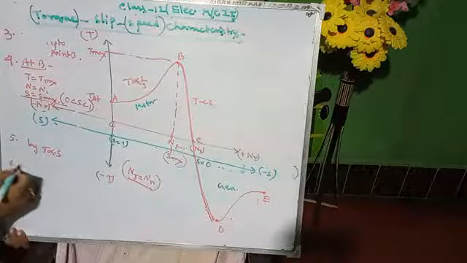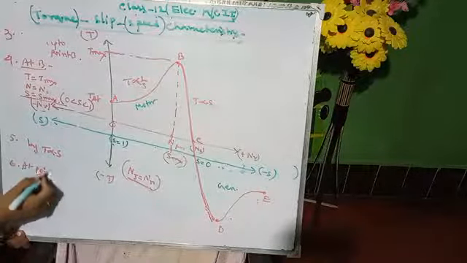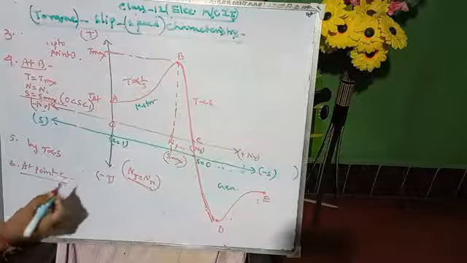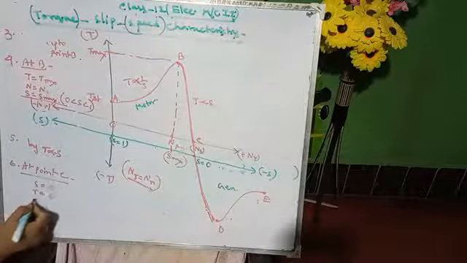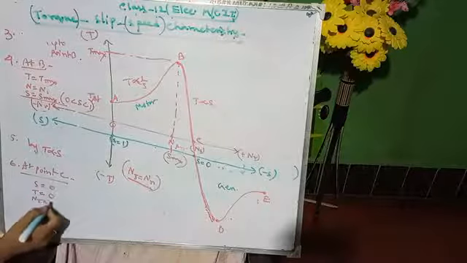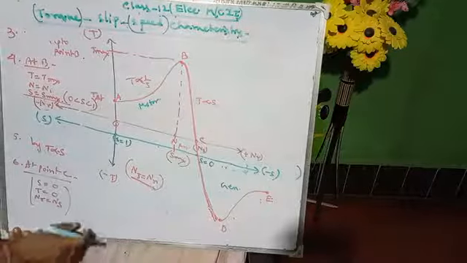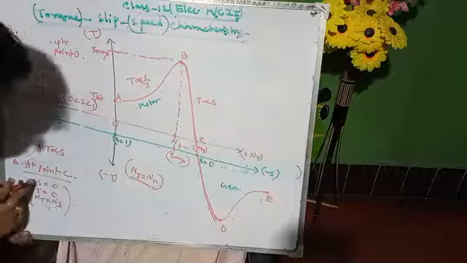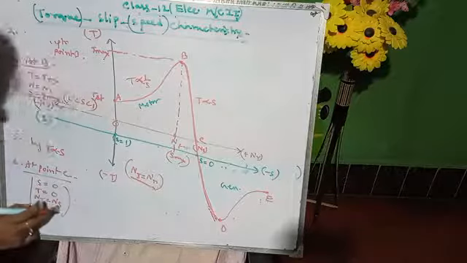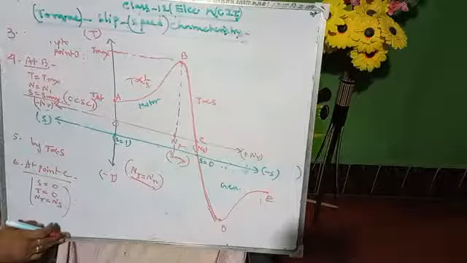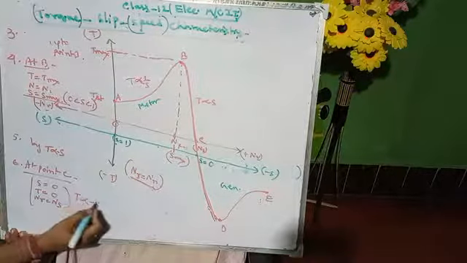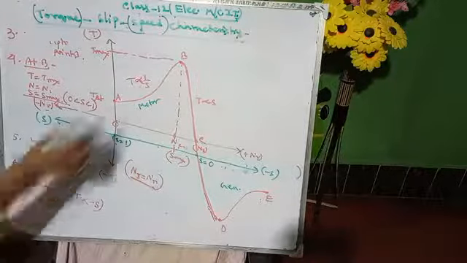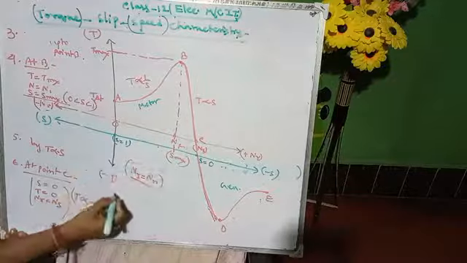Next, at point C, S equals 0, T equals 0, nr equals ns. This is the concept: when nr equals ns, the slip will be 0, and if slip is 0, then torque will also be 0, because torque is proportional to the negative of s within this region.